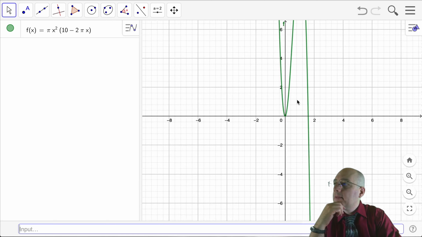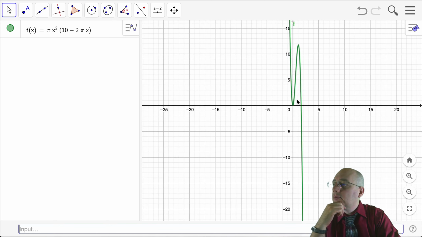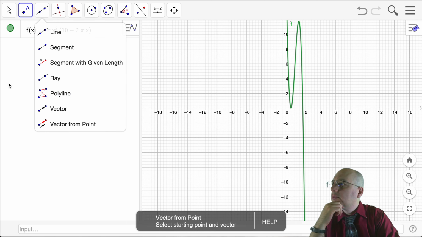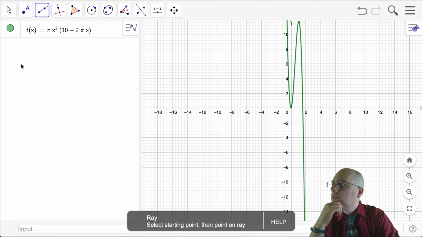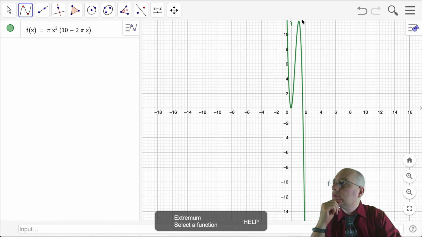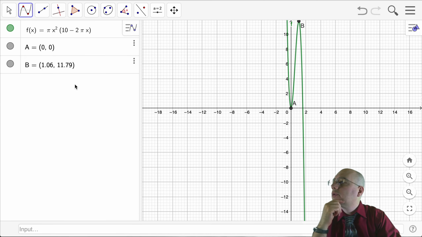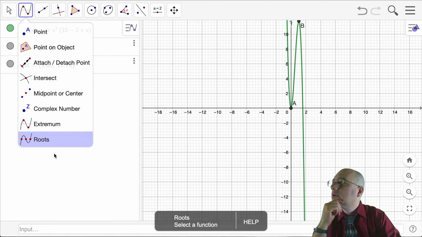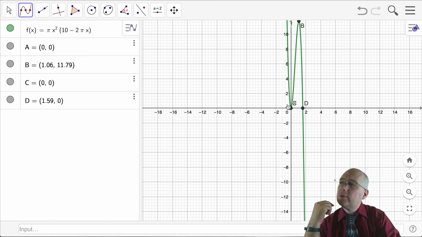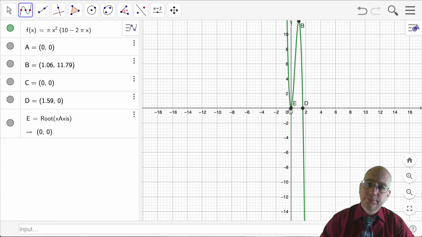Alrighty, and we get this again. We can zoom out. Let's see what the extremum is. 1.06 at 11.8. And the roots. And notice also that GeoGebra found the extremum at 0. That's a minimum, which is also a root.